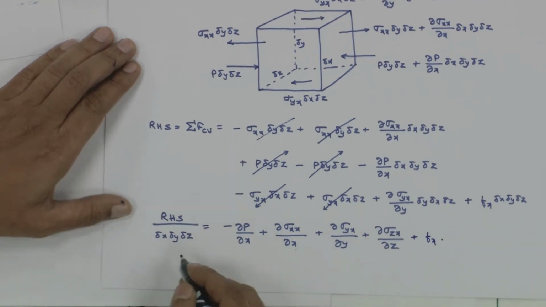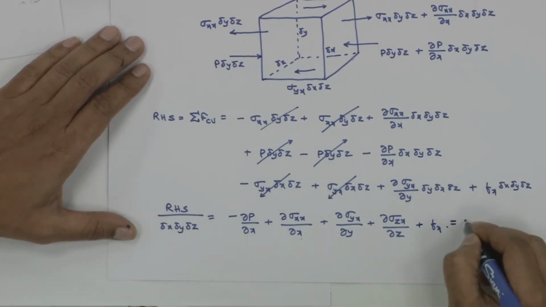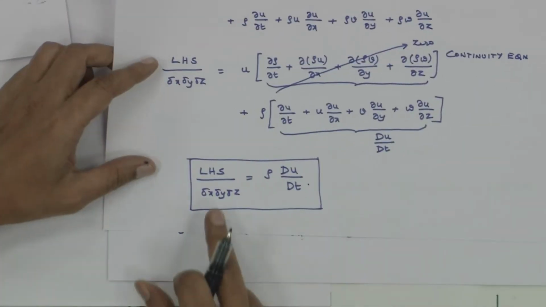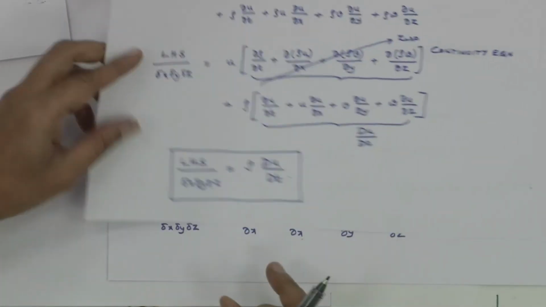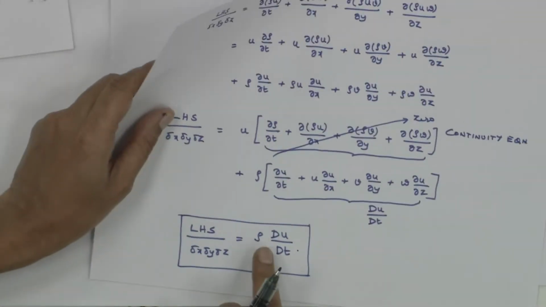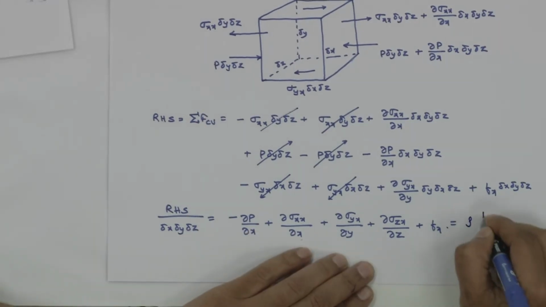So which is actually equal to, if you recollect, what had we got for the left hand side? LHS upon delta x delta y delta z, that is rho du by dt. So I can equate this to rho du by dt.